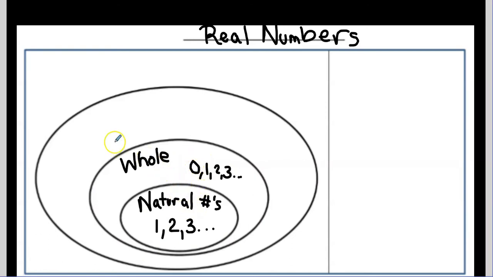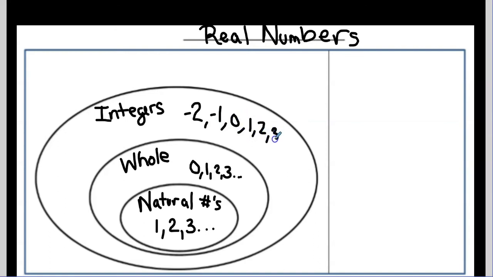And then as history developed, we learned about what we would now call the integers. And this is what Brahmagupta discovered, including the negative numbers. So integers would include -2 and -500 and -1 and also 0 and also all of the counting numbers.